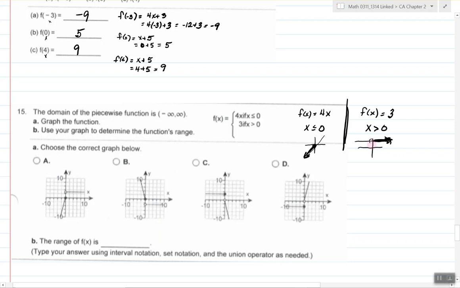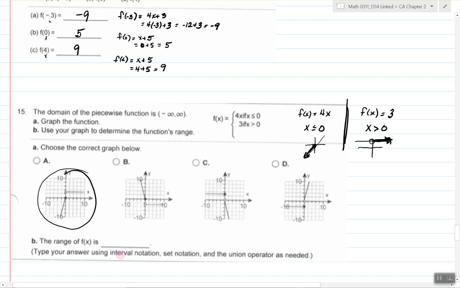No, it's only when x is greater than 0, so that piece gets a hole. So if we look at these, I believe this is the right graph. So it has the increasing slanted one, including 0, and then it has a hole here, and all of that is at 3.